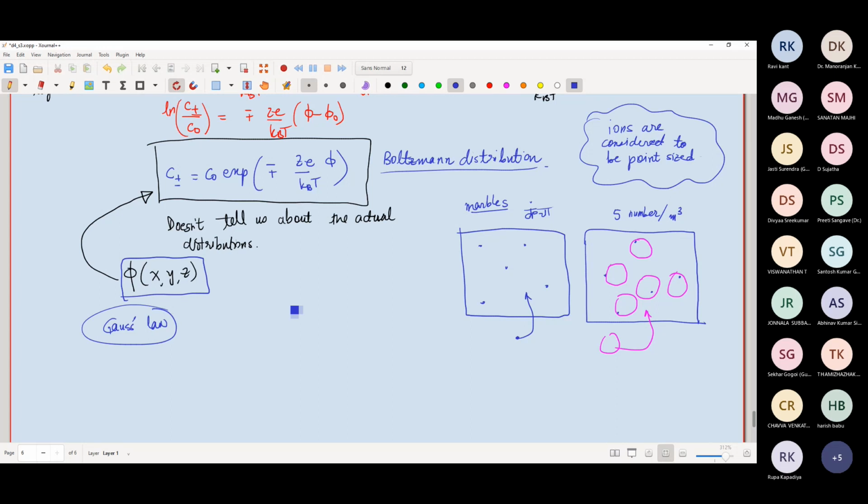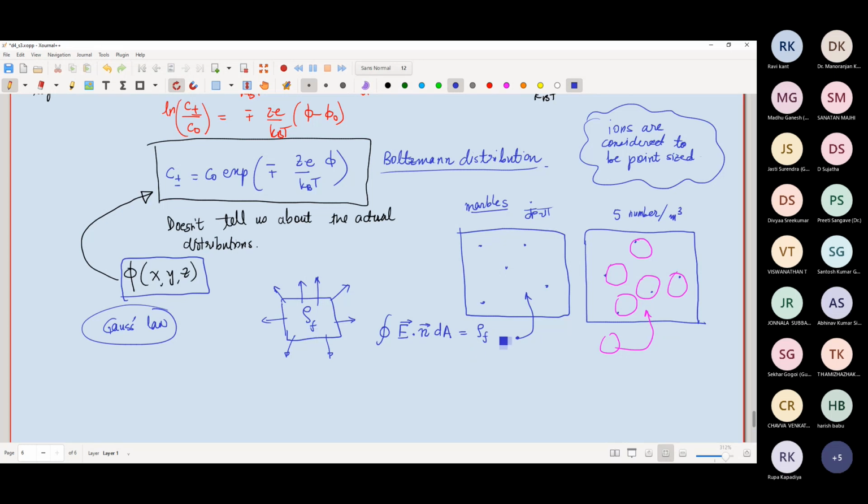The Gauss law tells us that if we have a volume which holds a certain amount of free charges, then the flux of the electric field over this entire volume, or the divergence of the electric field, is equal to the free charges inside the volume.